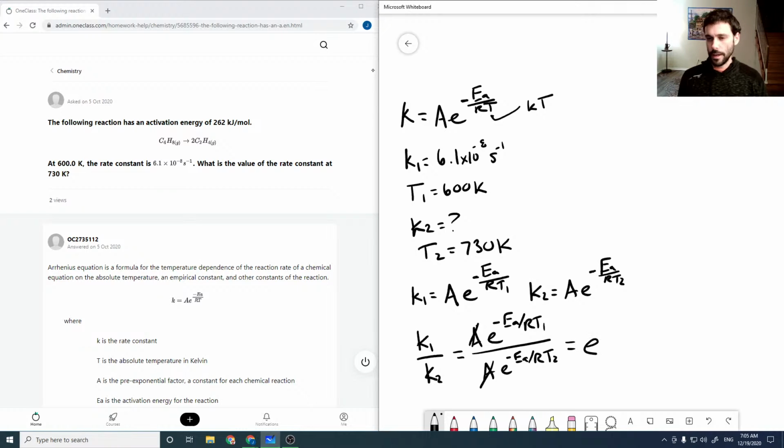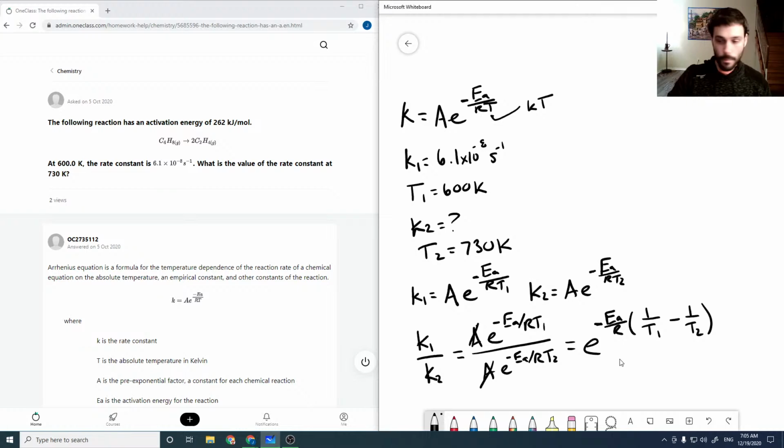So you end up with an exponential of minus Ea over R, 1 over T1 minus 1 over T2. So we subtract them, which would turn this positive, but if I'm taking a negative Ea over R out, that will turn it back to negative. So there's our expression there for dividing the rates.